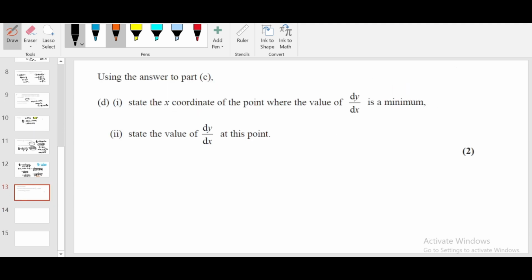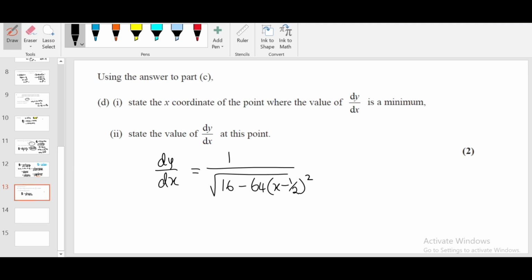Using your answer to part C, state the x coordinate of the point where dy by dx is minimum. So when you read the question, don't think about the turning point or stationary point or maximum, local maximum, local minimum. Dy by dx, consider this as just a function. 1 over square root of 16 minus 64 x minus half whole square.